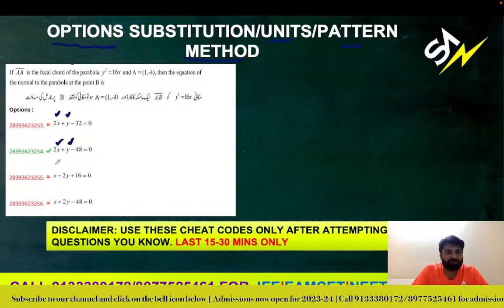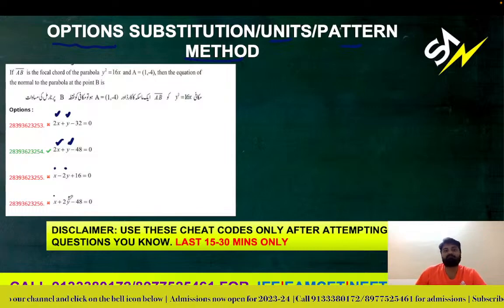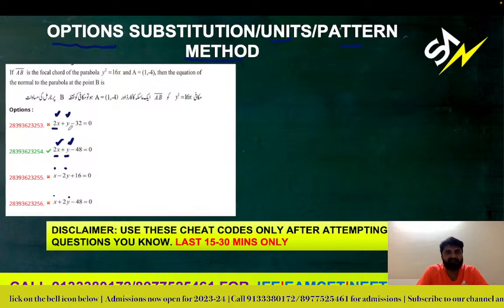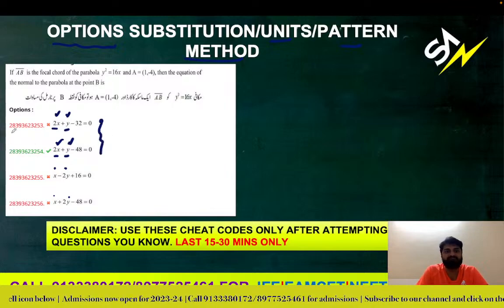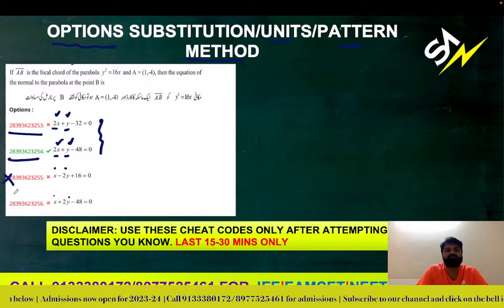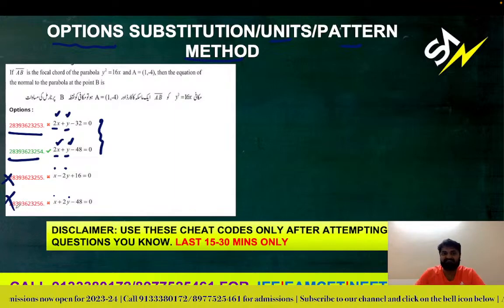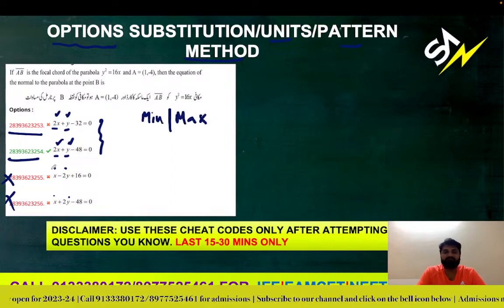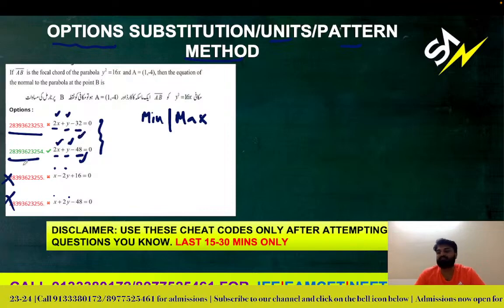And look at the last two options: x minus 2y, and x plus 2y. So you are observing that 2x and y are repeating in two options. So the best chance is that it could be one of those two options. These two are eliminated. And previously I told you, either it could be minimum or maximum. So you can just tick one of these options.